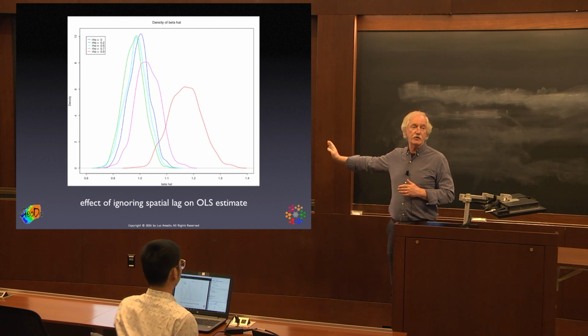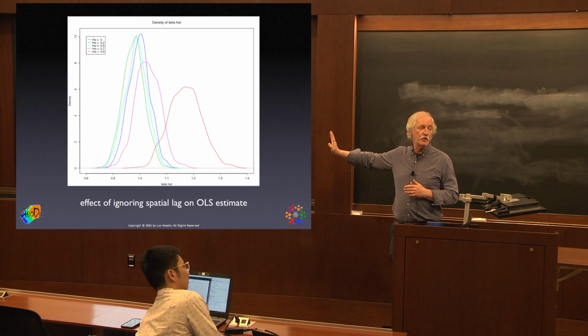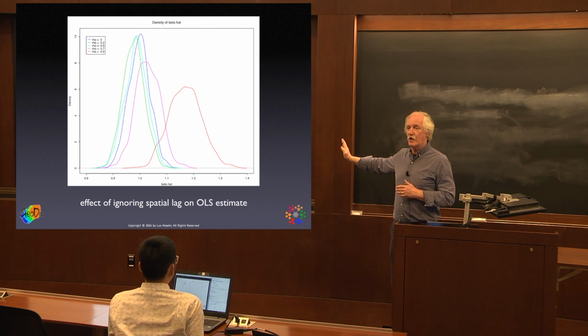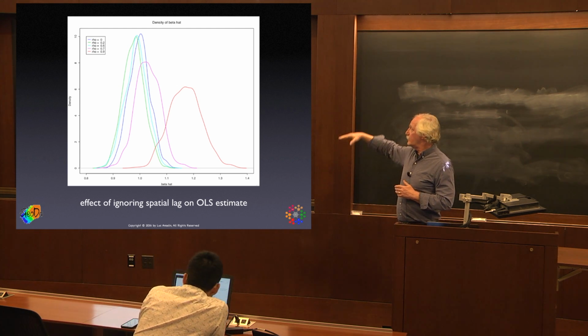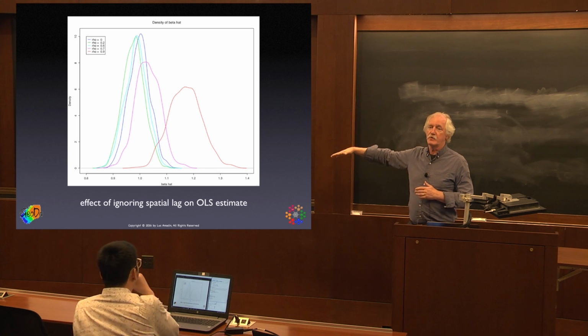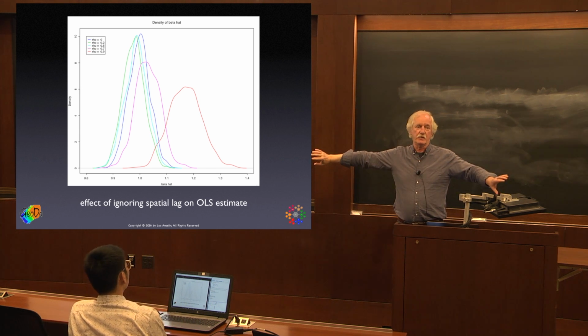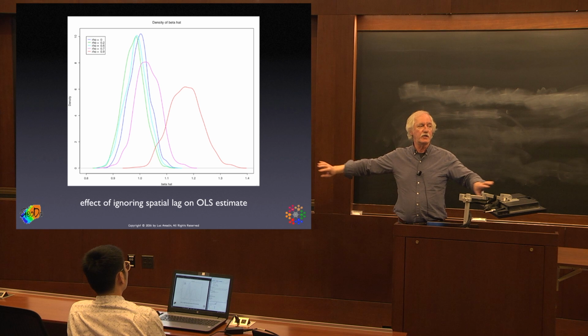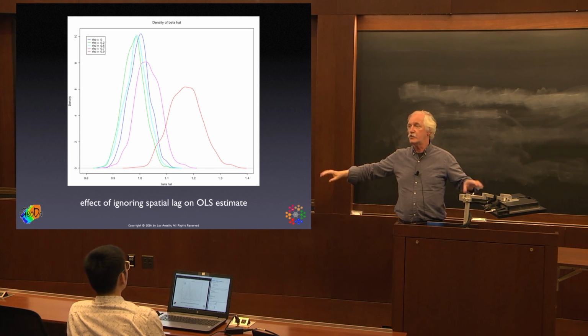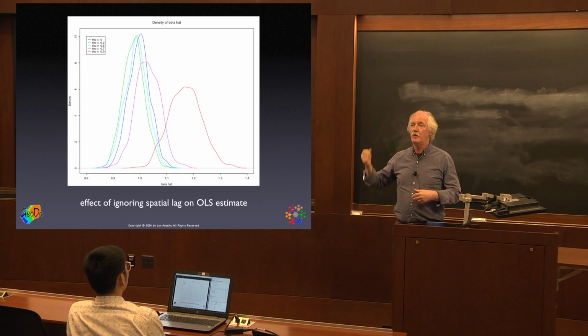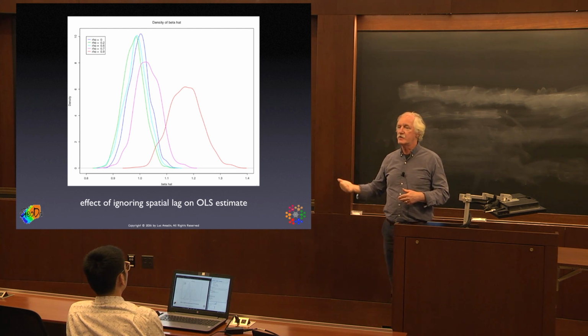So on average, this is the average of all the estimates, on average it's no longer on target. Second thing you see is the curve drops. What does that mean? The spread increases. Spread increases means greater variance, lower precision, right? So there's two things that happen: lower precision and bias.